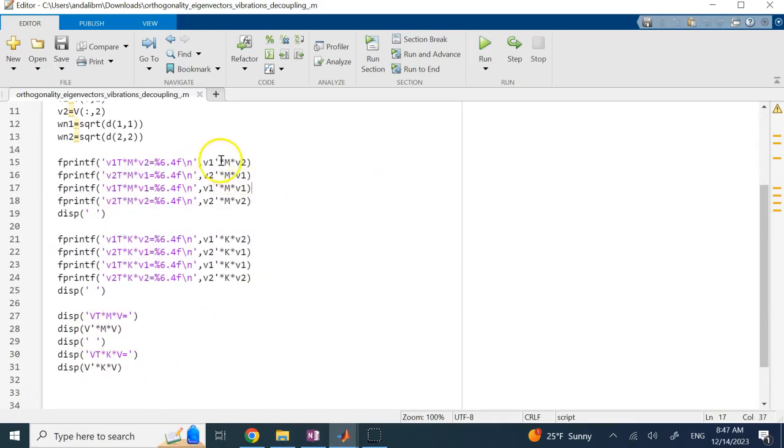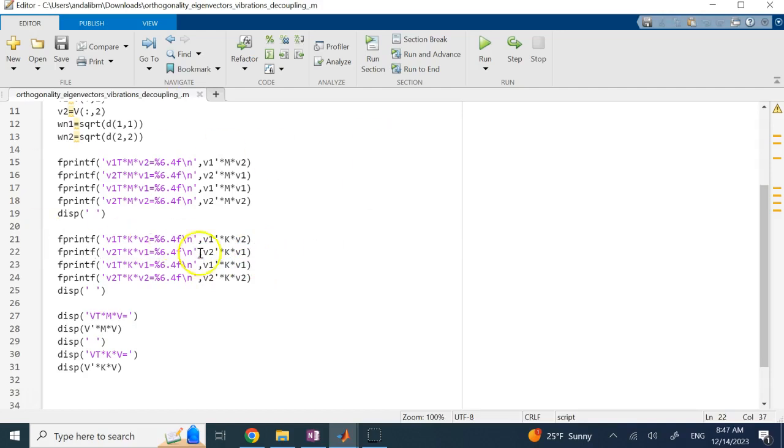Remember, V1 transpose M V2 and V2 transpose M V1 are supposed to be 0 because V1 and V2 are orthogonal to each other with respect to M. These guys should not. And similarly, these two in the K should be 0, and these two again are not.